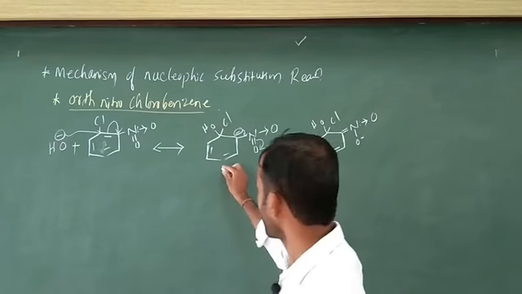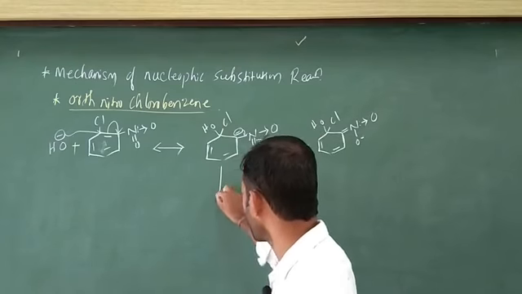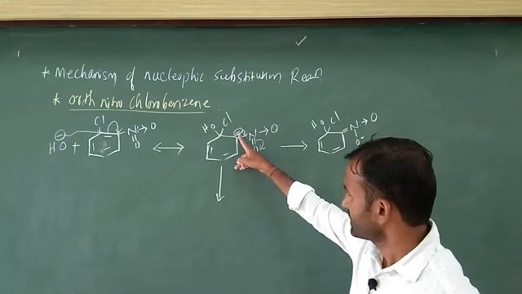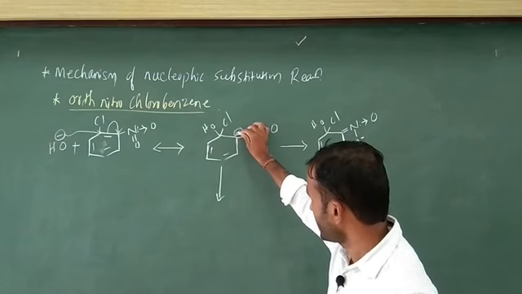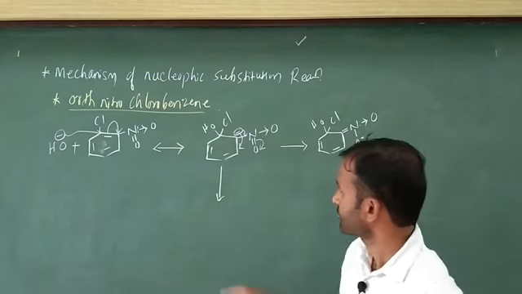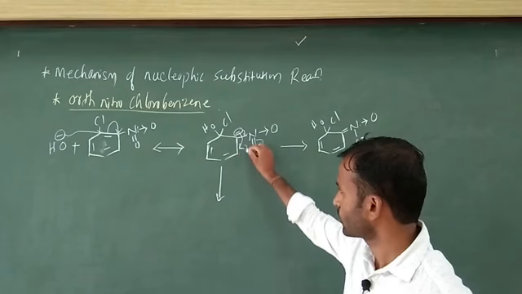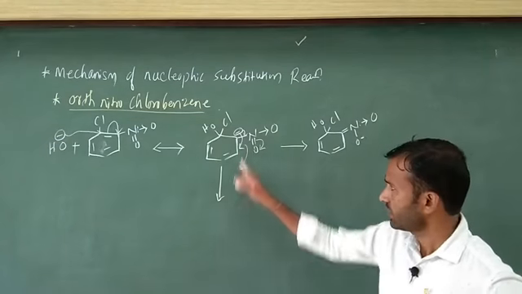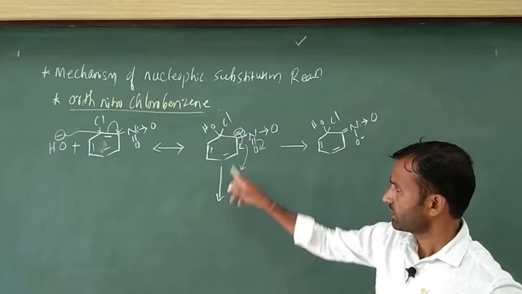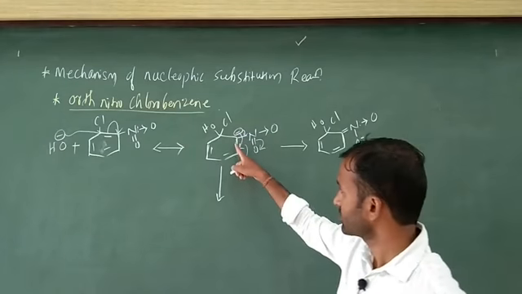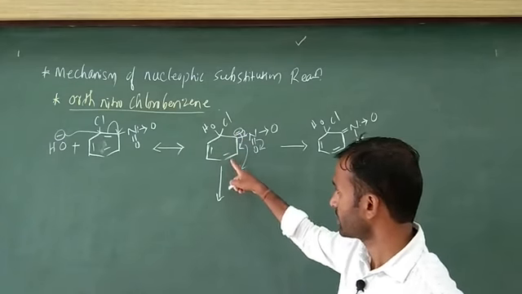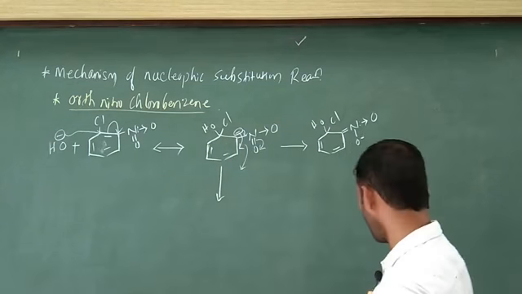Next, another point is there, I am going to divide here only. If this negative charge donates here, okay, this negative charge donates here, I am going to write like this. In that time, a double bond forms here, and automatically this is going to cleave.